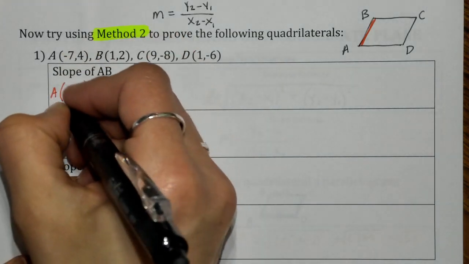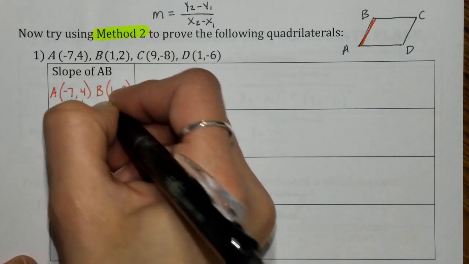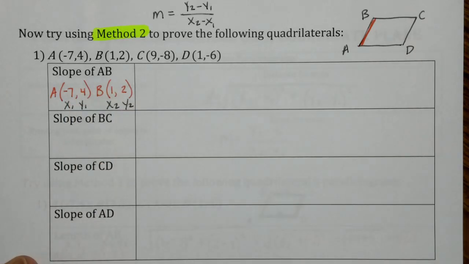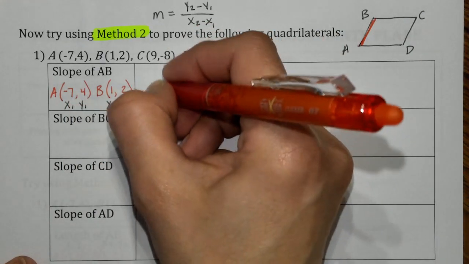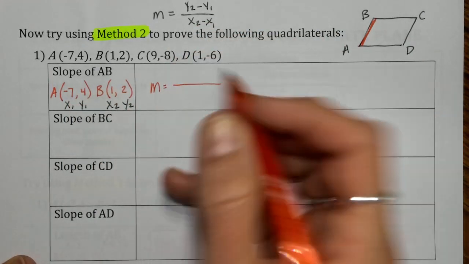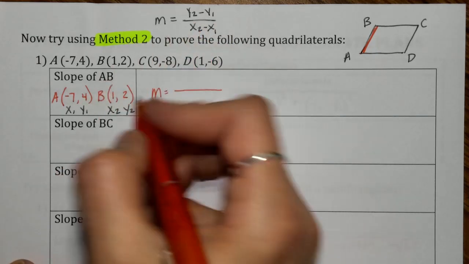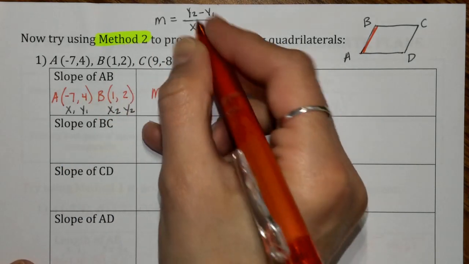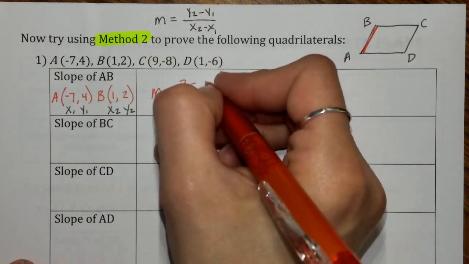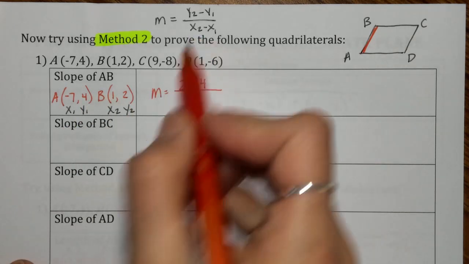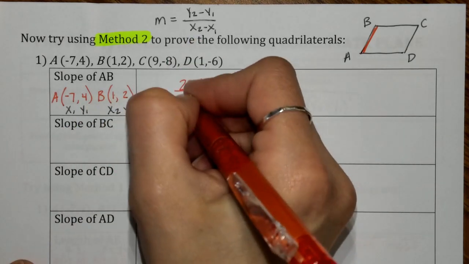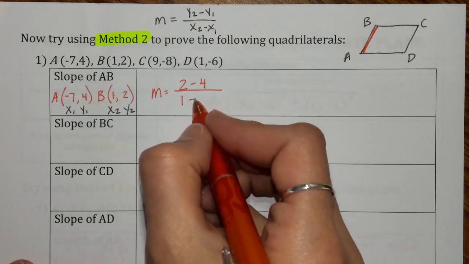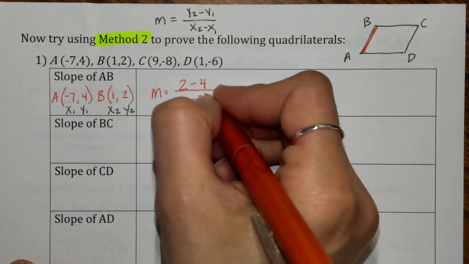We'll go ahead and call this X1, Y1, X2, Y2. So with our slope, we want to make sure that the Y's are on top. We have Y2, 2, minus Y1, 4, over X2, 1, minus X1, negative 7.